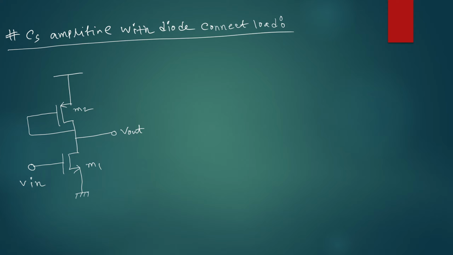As we remember, both MOSFETs M1 and M2 need to operate in region 2, so the operating point will be region 2. Region 2 means saturation region.